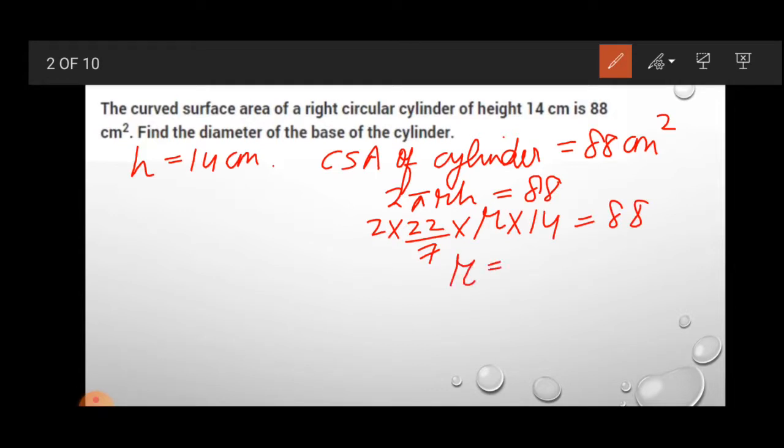Cross multiply it to find the radius of the cylinder. So 88 into 7 divided by 2 into 22 into 14.